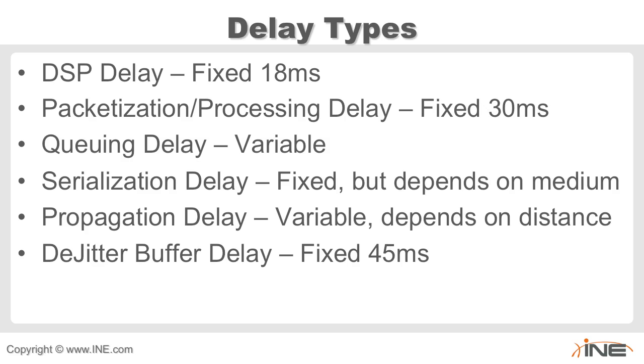So right in here, we can see that we already have fixed 45 and 30. So we've got 75, 85, 90. We've got 93 milliseconds already. So that limits us quite a bit in what we can allow. Now this is one way. It's not necessarily round trip, so you have to take that into account.